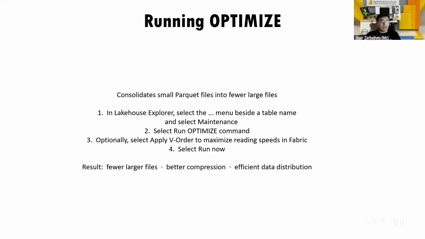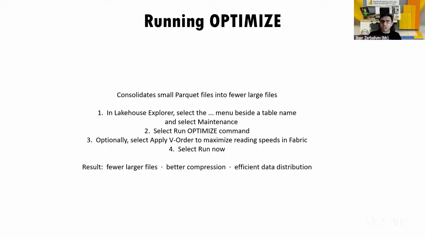Next one is optimize. Where optimize write acts at write time, optimize is a table maintenance feature that works on files that already exist. It consolidates small Parquet files into fewer larger files. A very typical moment to run it is after loading a large table, after a big ingestion job, for example.